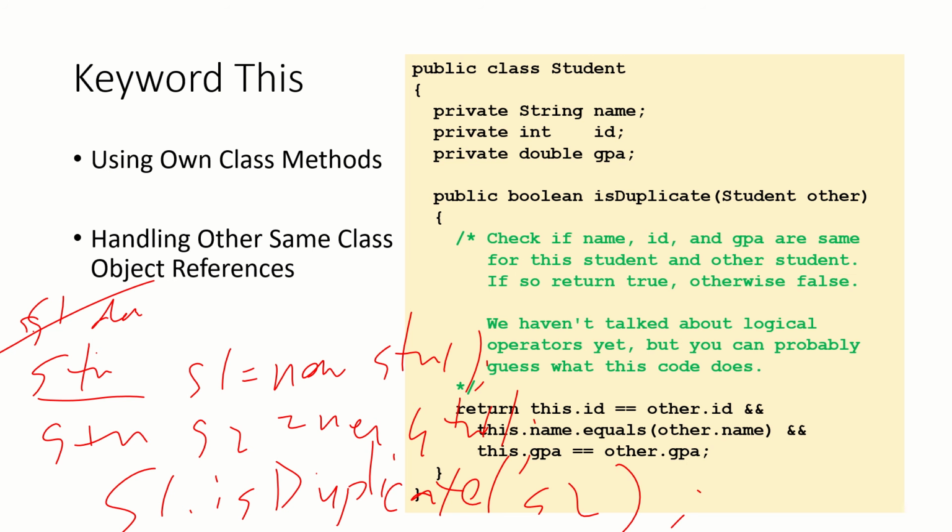Which one is this? Which one is the other? S1, S2. We use S1 to call the method. Just tell me who stands for this and who stands for other. Is S1 or S2 for this or other?